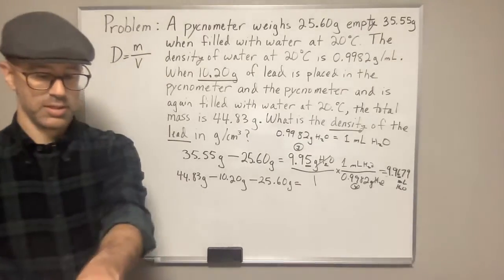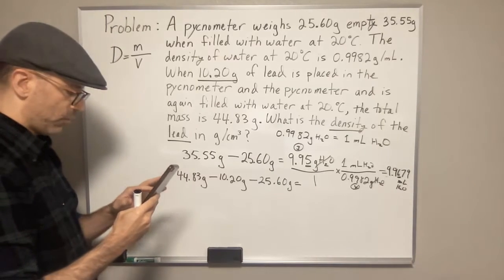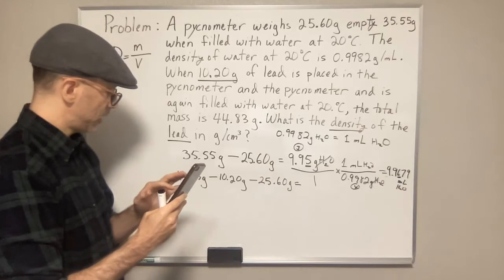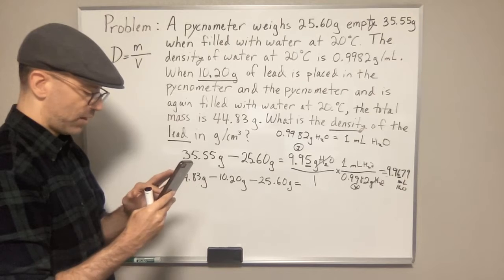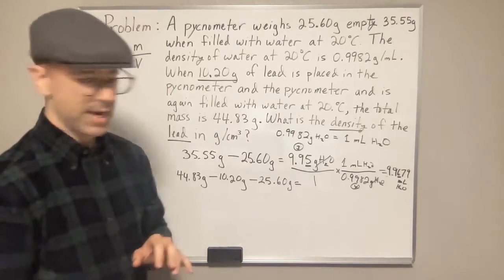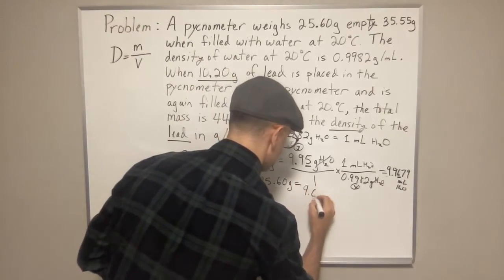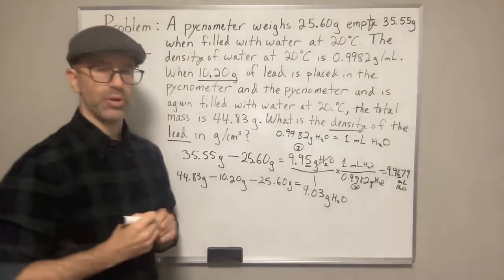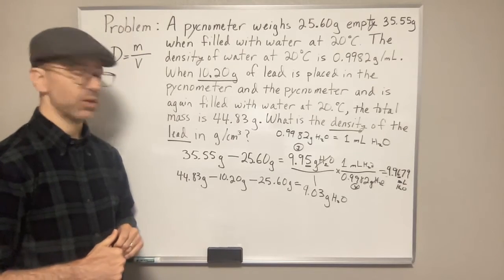Okay, so let's calculate that. We have 44.83 minus 10.20 minus 25.60 equals, and I get 9.03 grams of water. So the 9.03 grams is the water that's occupying the pycnometer.